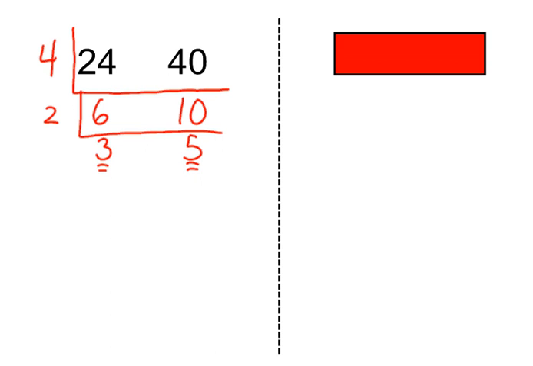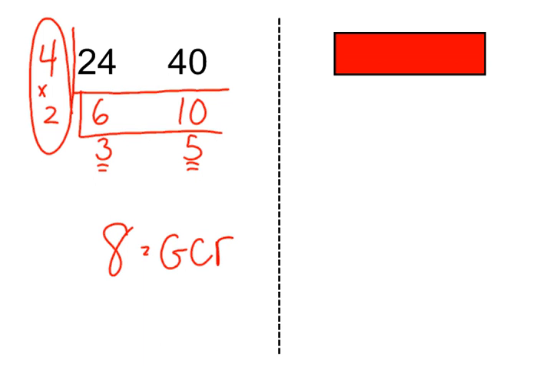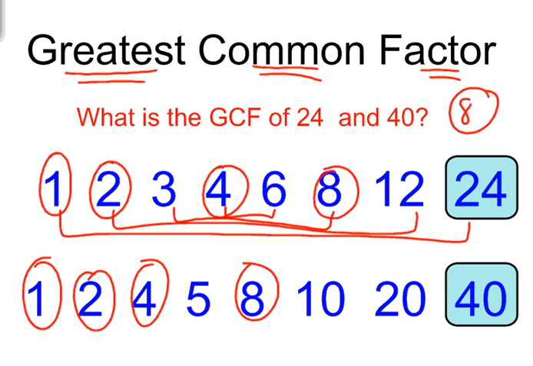And the answer is no. So you're done. So to find the GCF, you take these side numbers, 4 and 2, you multiply them, and that gives you your answer. 8 is the GCF, as we saw using this rather lengthy method here.